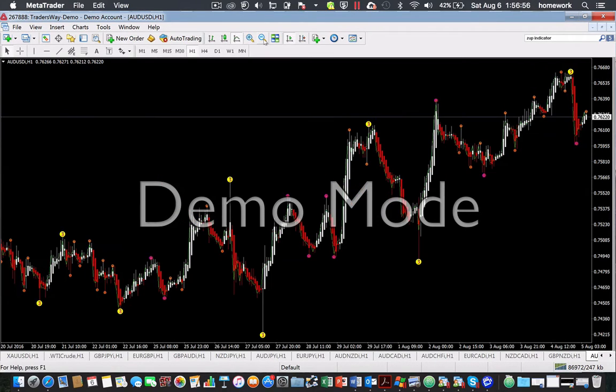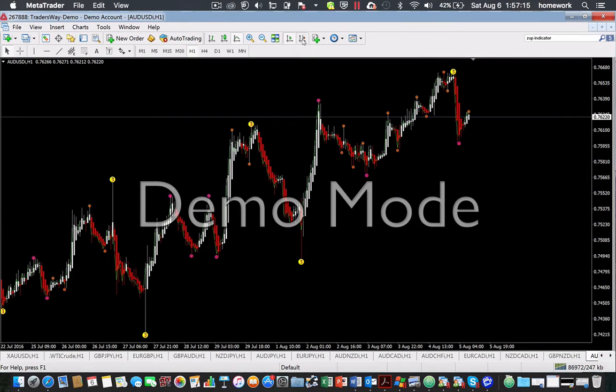So here we go. This is the AU. So before I get started, this is what I do. Change my charts. See this red button right here? I'll click on that to shift the chart to the left a little bit.